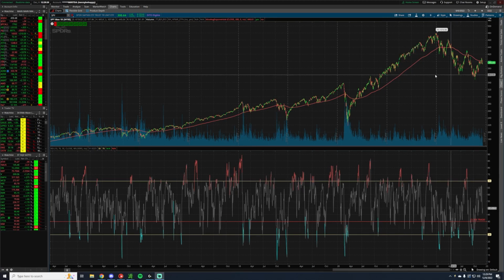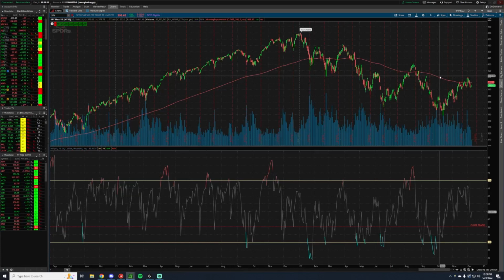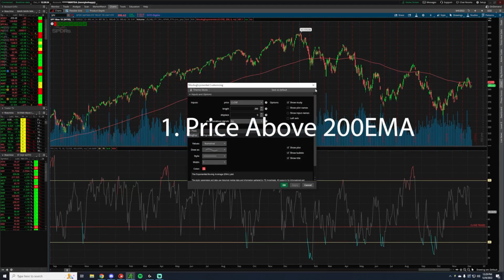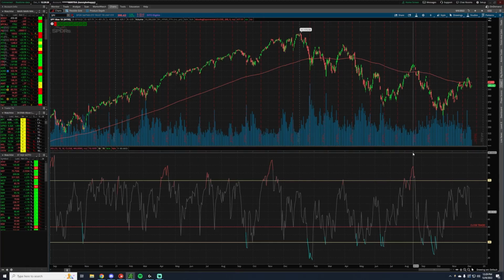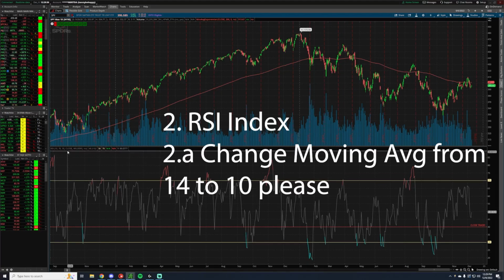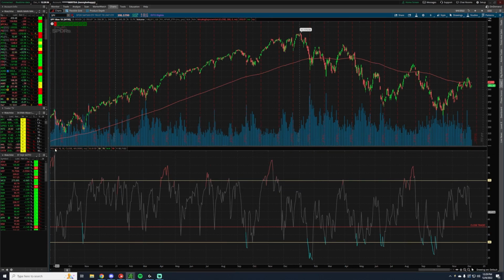First and foremost, like we talked about, you need that 200 EMA here, which we have set up as the red line. Next, we're going to need the RSI, which is down here below. The default RSI setting is 14, 70, 30, but we're switching it to a 10 period, moving that from 14. And the rules behind it are quite simple. Again, we explained what RSI is.